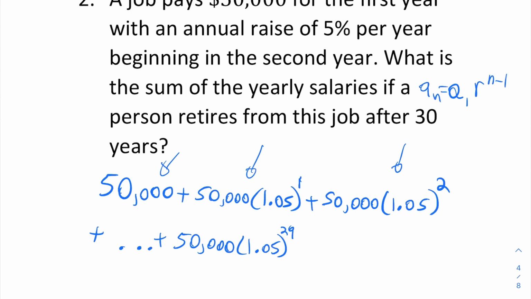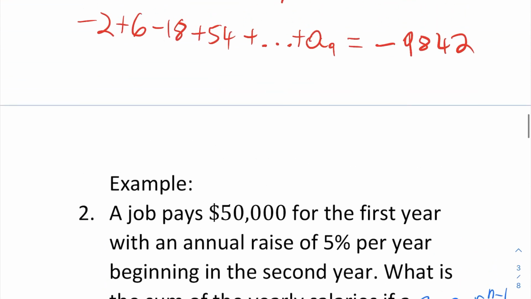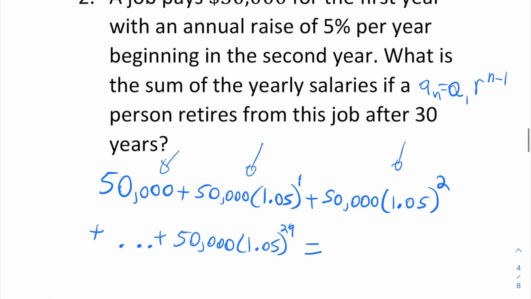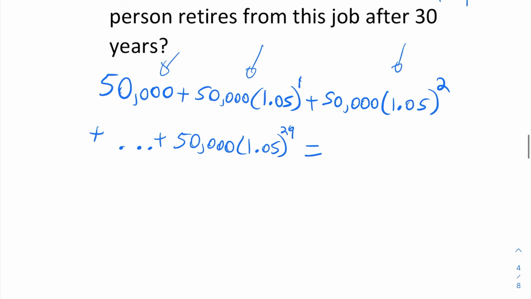So if you add up all those terms, here's what you would get based on this formula. The formula says what we should get is a1 times 1 minus r to the nth, which in this case is 30, divided by 1 minus r.